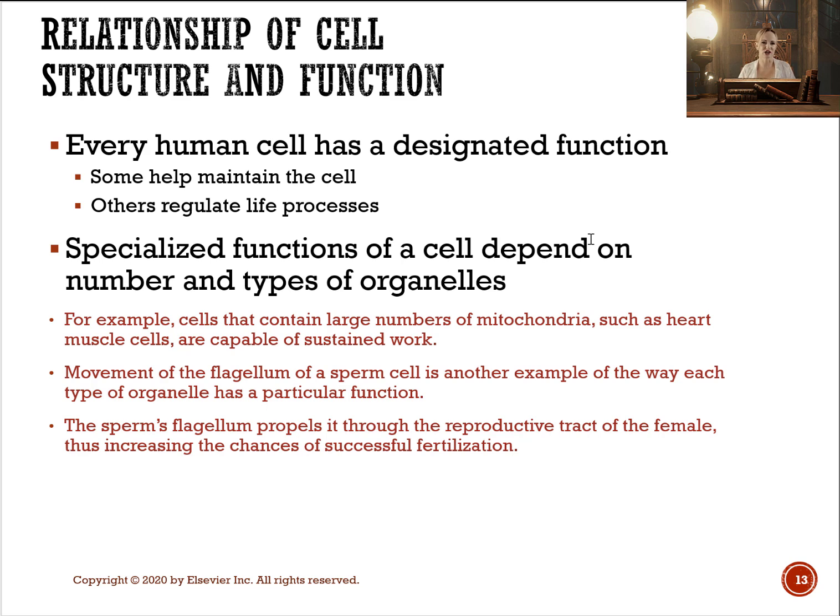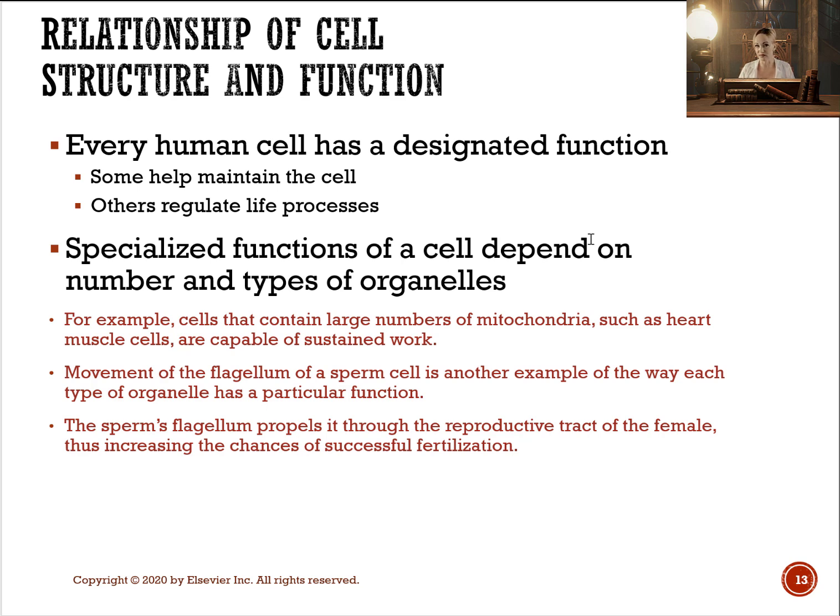So what is the relationship of cell structure and function? Well, every human cell has a designed function. Some help to maintain the cell, others regulate life processes. Specialized functions of a cell depend on the number and type of organelles. So for example, cells that contain large numbers of mitochondria, such as the heart muscle cells, are capable of sustained hard work.